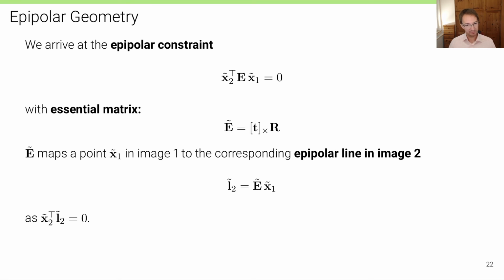Now what we see from this expression here is that this is actually also leading to the epipolar lines directly, because E maps a point x1 in image 1 to the corresponding epipolar line in image 2.